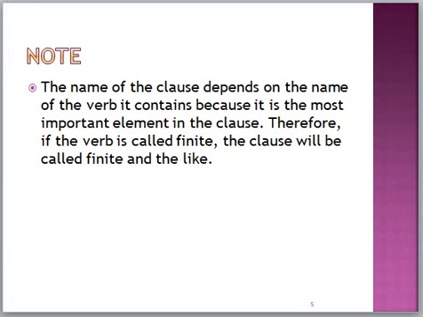And if the verb is non-finite, then the clause is going to be a non-finite clause. Keep this in mind. This is a very important note. So it depends, and now we can see how significant the verb is in any given sentence.